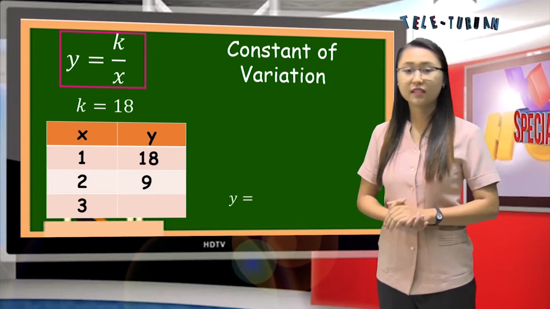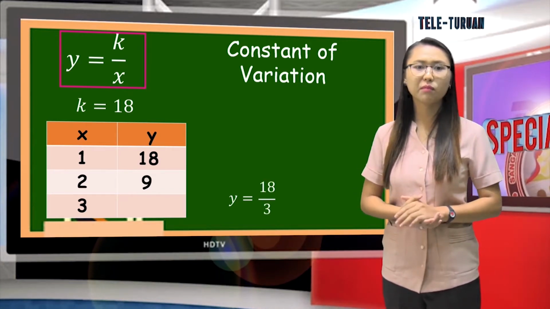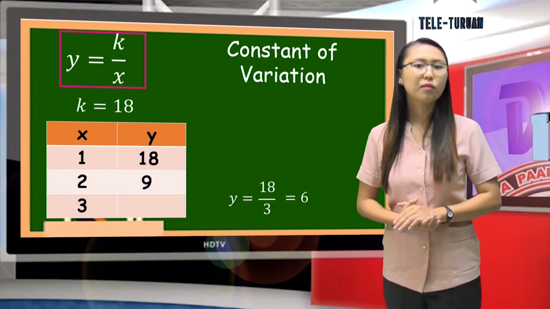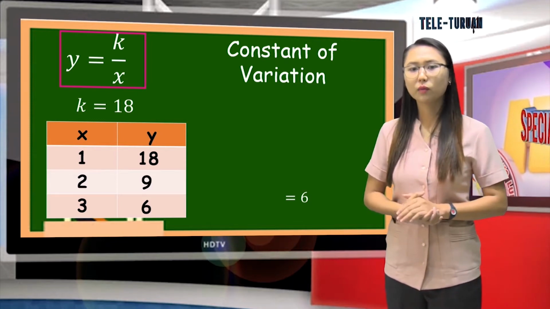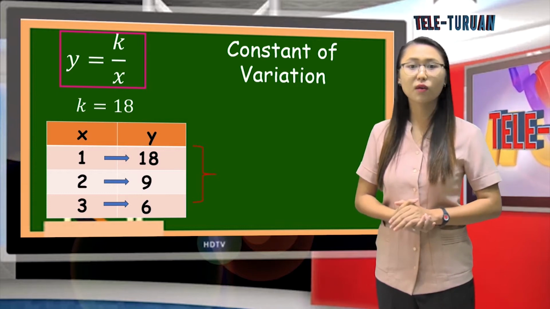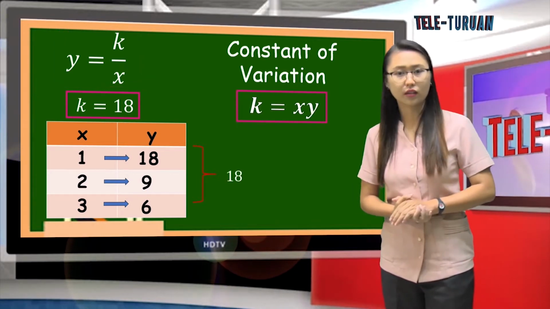If the value of x is 3, we have y is equal to 18 divided by 3, the answer is 6. Now, by looking at the values of x and y, we will notice that when we multiply the value of x to the value of y, the answer is always 18, which is our constant of variation.